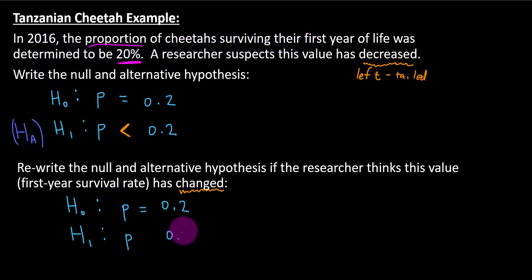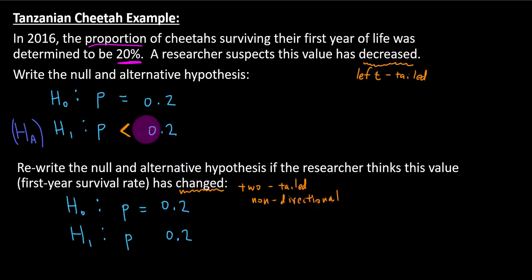But because the researcher in this scenario thinks that that proportion has changed, that is implying that we use a two-tailed or a non-directional alternative hypothesis.